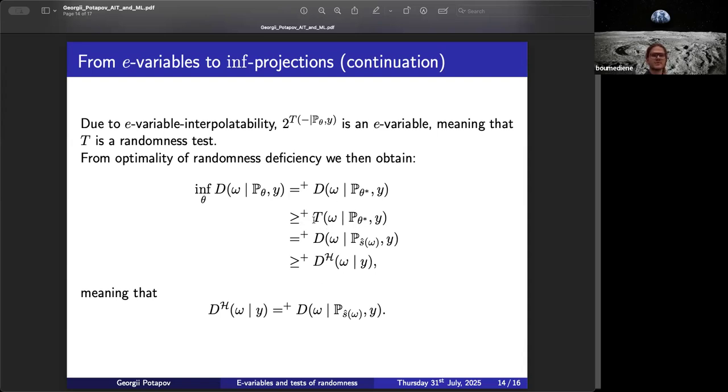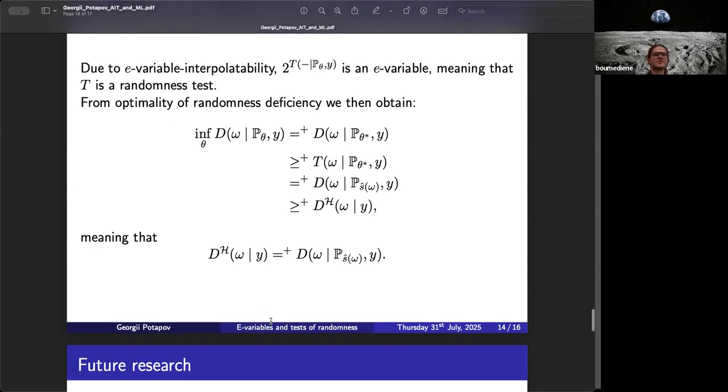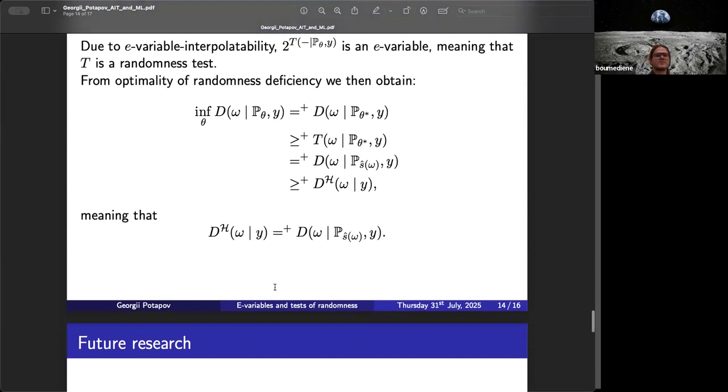And thus we prove that our test is both greater than the inf projection of randomness deficiency and less than the inf projection of randomness deficiency, meaning that they're essentially equal up to some additive constant.